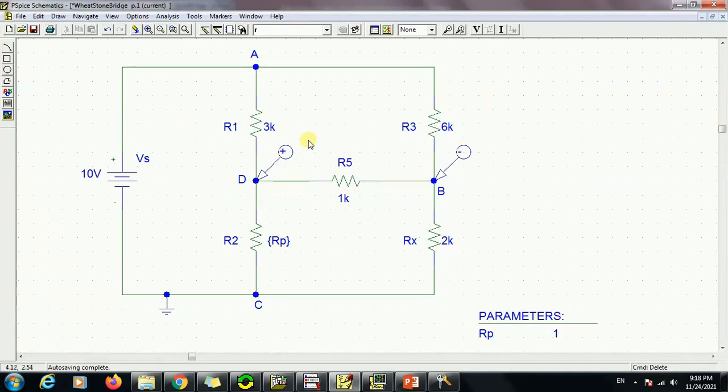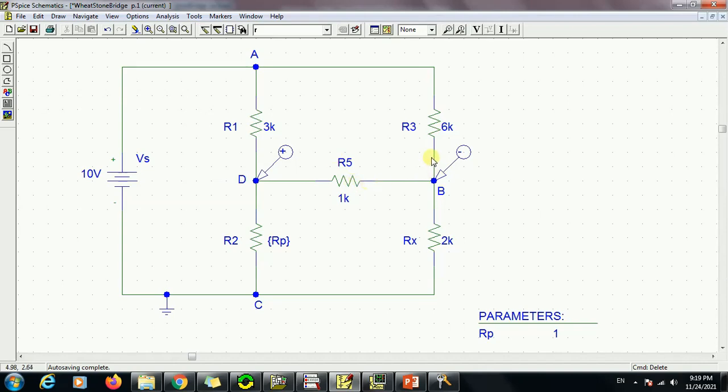If we are doing some circuit analysis for this circuit, and we are asked, for example, to calculate the total current in this circuit, or the total resistance of this circuit, then if we look at this circuit, we would see that we just have no simple series parallel resistors, because we have this resistor here R5.